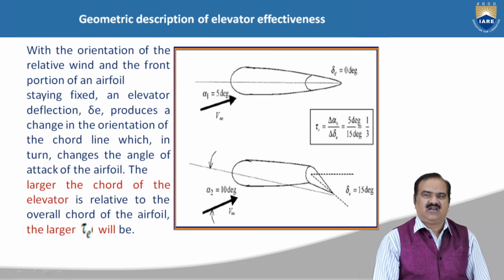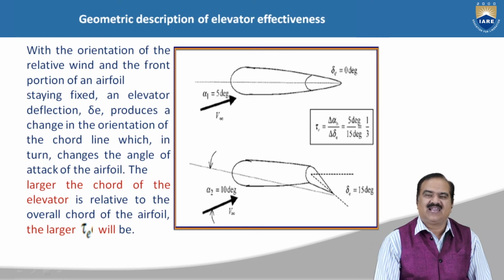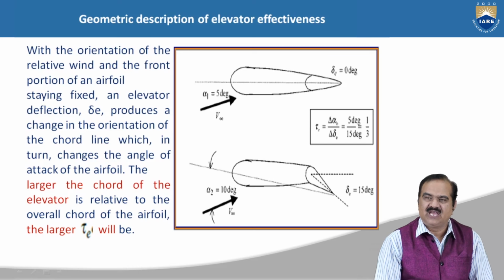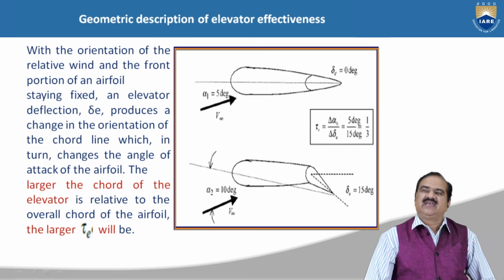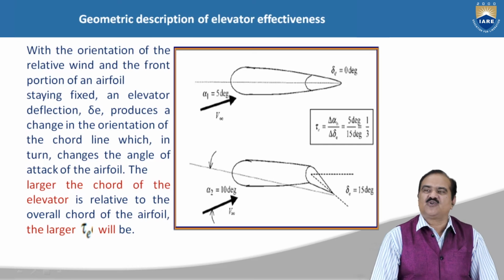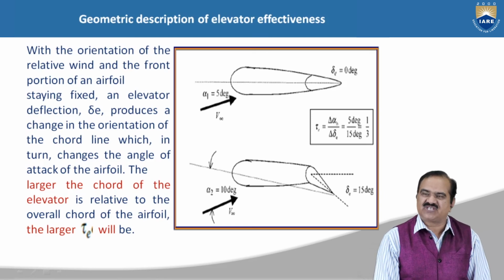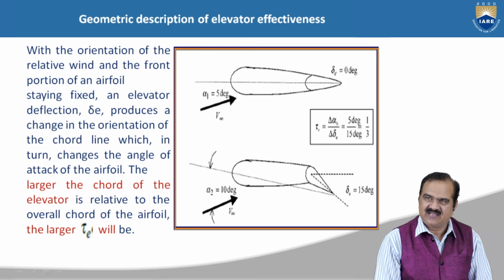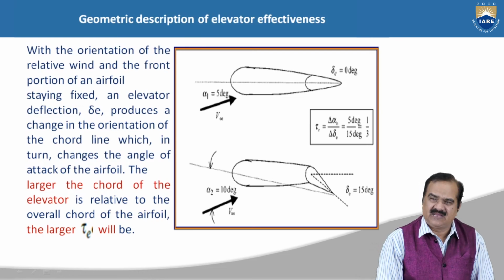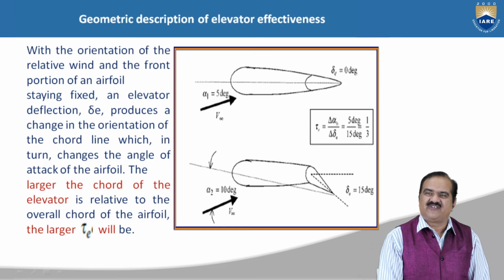The larger the chord of the elevator is relative to the overall chord of the airfoil, the larger tau E will be. In this diagram, I have shown that delta E is equal to 0, meaning there is no deflection of the elevator, and the angle of attack of this horizontal tail is 5 degrees with respect to the free stream velocity V infinity.